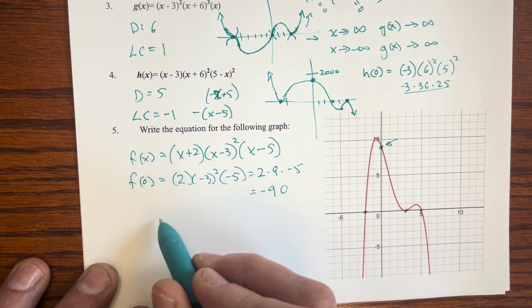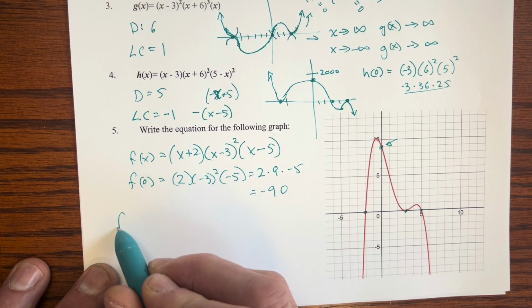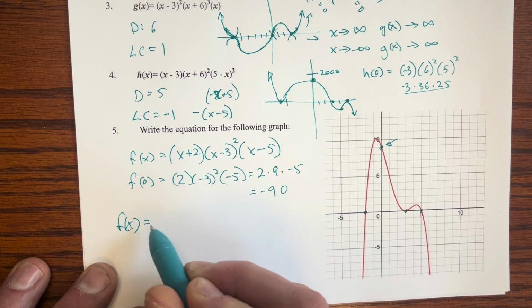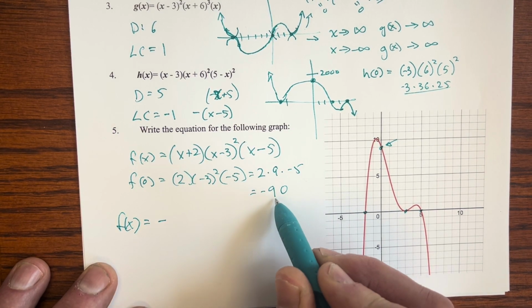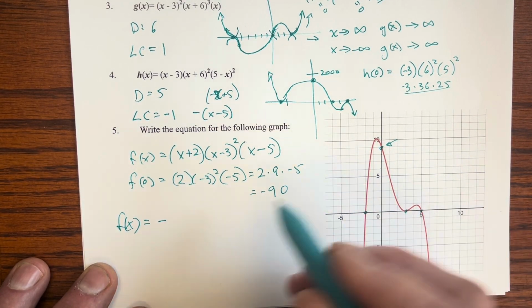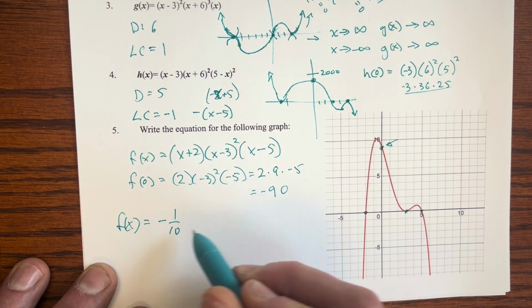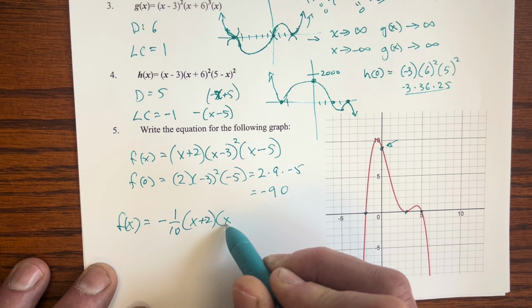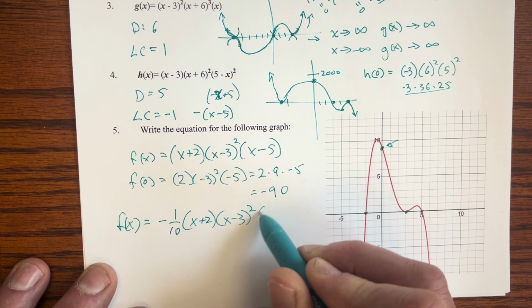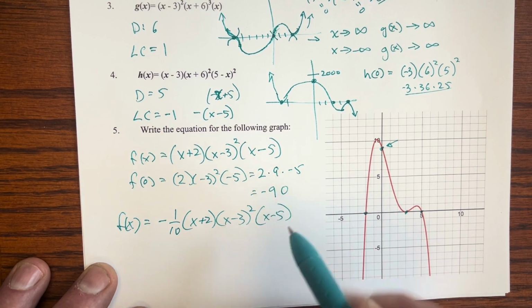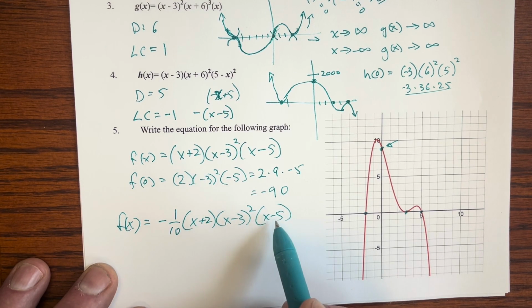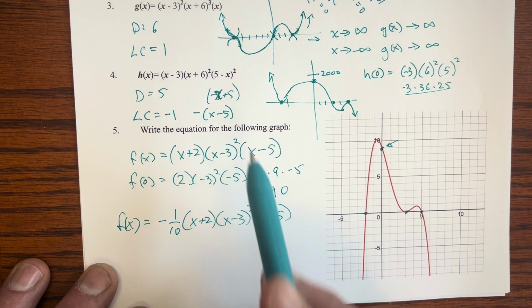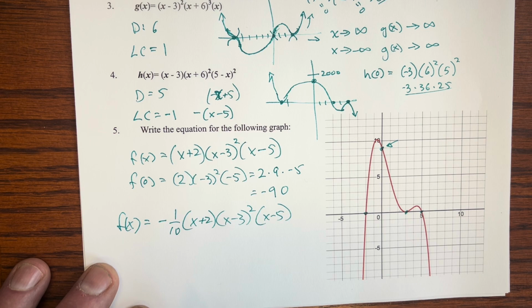I can either put the minus sign out in front. So f of x is going to be equal to minus, and then I want to take 90 and make it go down to 9, so I'm going to be 1/10, and then x plus 2, x minus 3 squared, and then x minus 5. If you want to take away that minus and then make this 5 minus x, like the one up above, you can do that, okay?